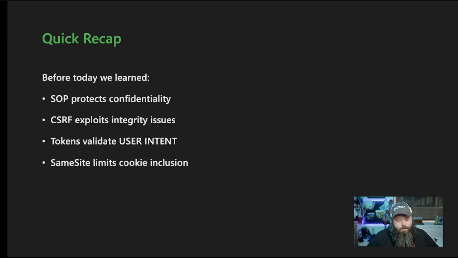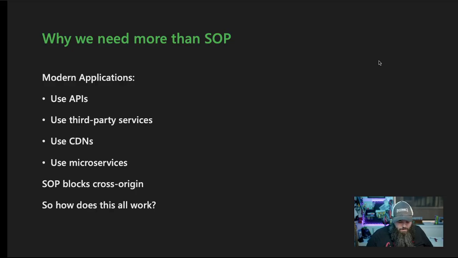We learned that we can protect against that with CSRF tokens to verify intent, and that we could use SameSite cookies to limit what gets sent where, cookie-wise. So these are some of the protections we talked about, and they protect against some of the things that are going on here, but they're not sufficient.